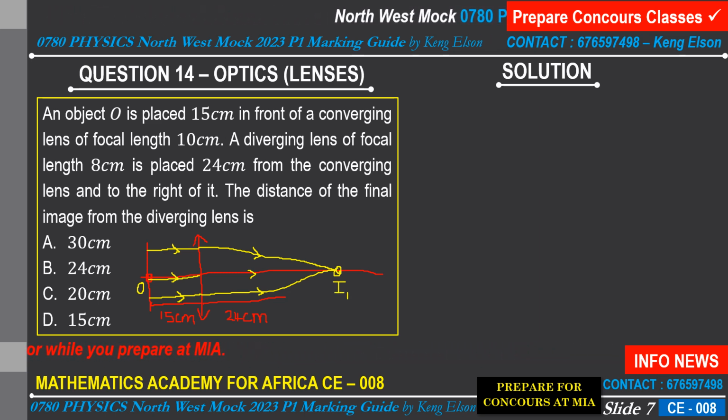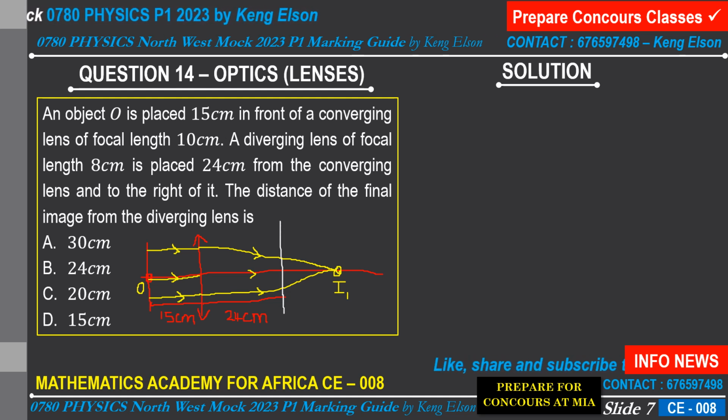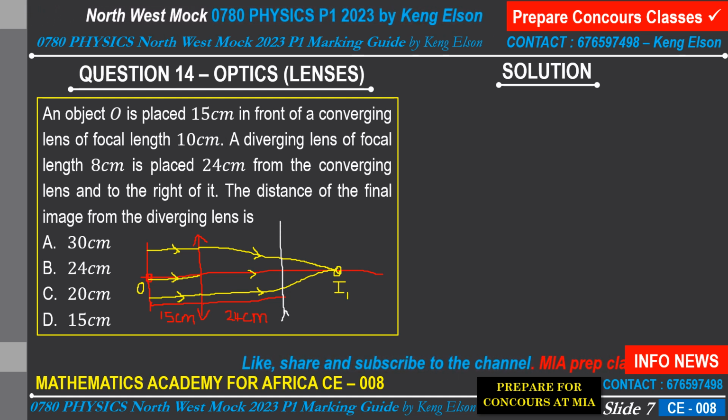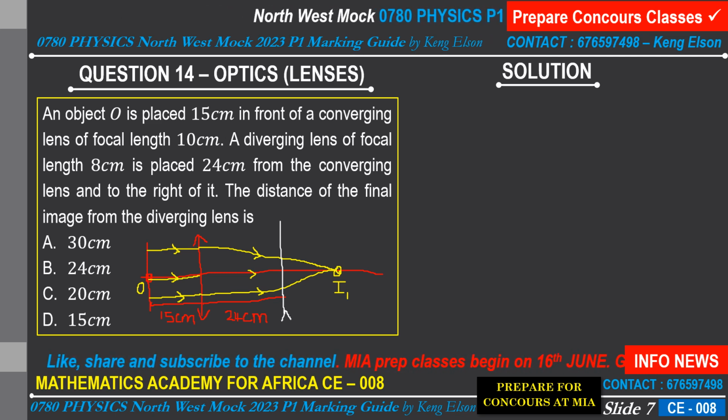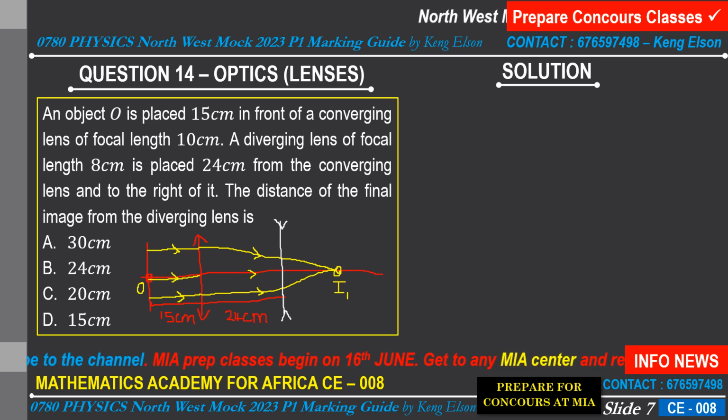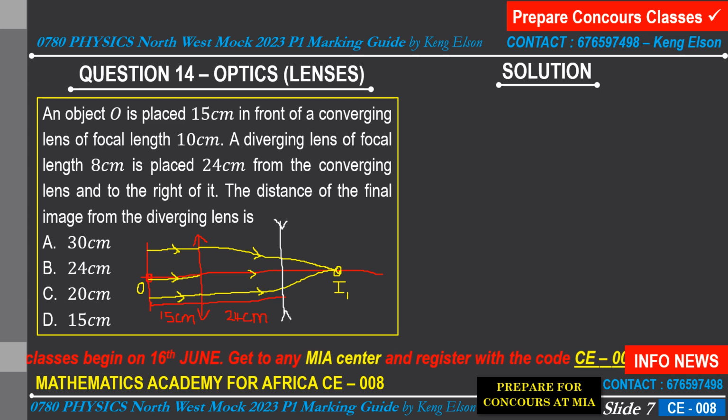But now, if we place a diverging lens, imagine I now place a diverging lens. This is now my diverging lens. If I place a diverging lens here, you realize that once these rays meet the diverging lens, they cannot just pass through, they are going to be diverged.